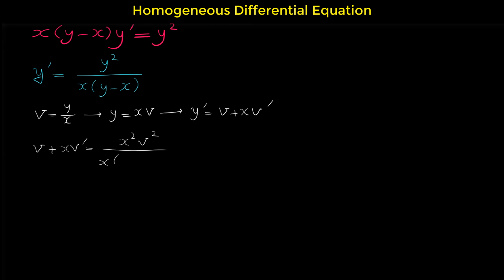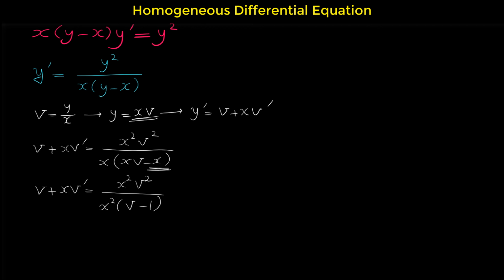And in the denominator we have x times y, which is xv again, x times (xv minus x). Note that here we can factor x from the bracket, and we can bring that x out and multiply by this x, which if we do so, we get v plus x v prime equals x² v² over x² times (v minus 1).